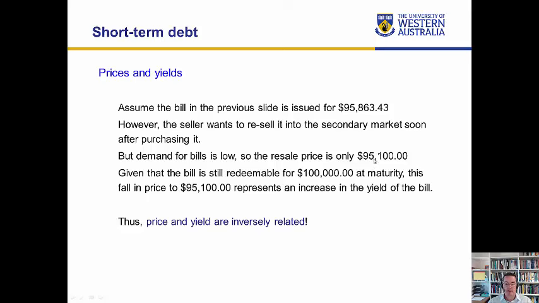So the difference between the $95,100 and the $100,000 is sort of the return to this second owner. And that $4,900 return divided by the $95,100 initial investment gives us the percentage return, or the yield, and that yield will actually be much higher than the original yield because the price of the security has fallen.